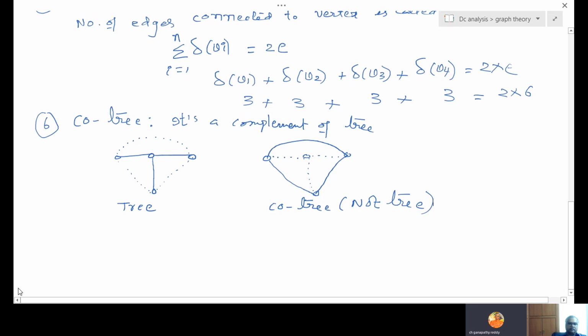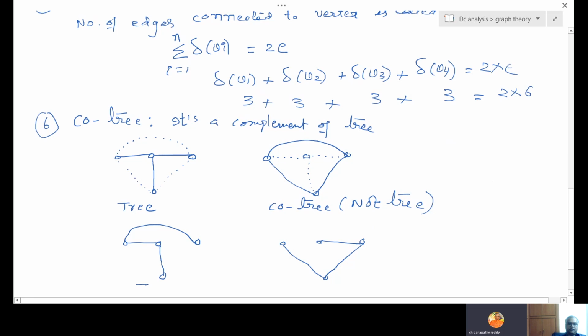But if I take an example of a tree like this, tree like this, what is the co-tree here? So this is a dark line. This is a dark line. This is dark.